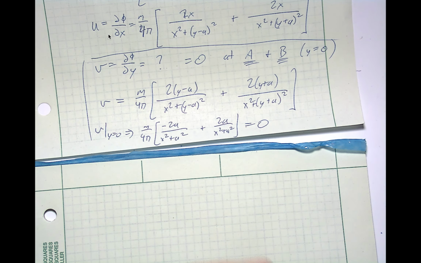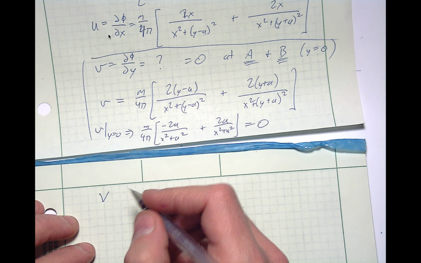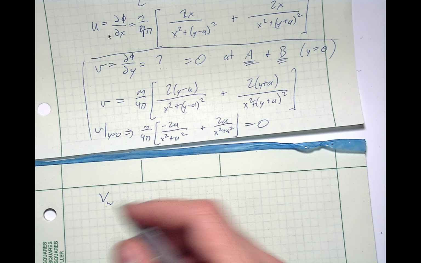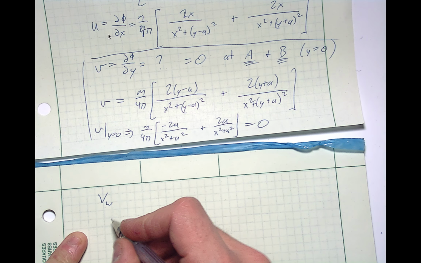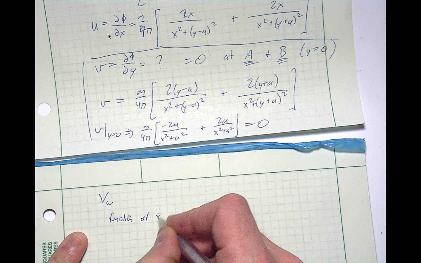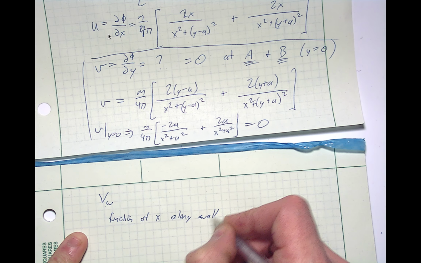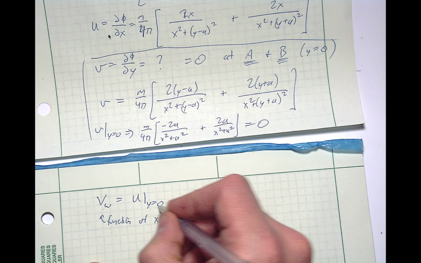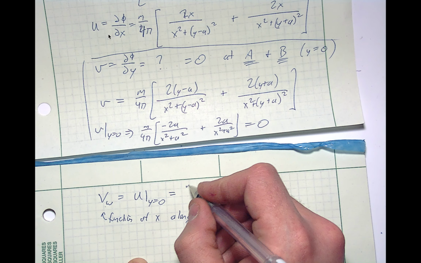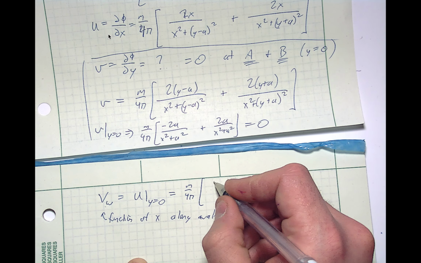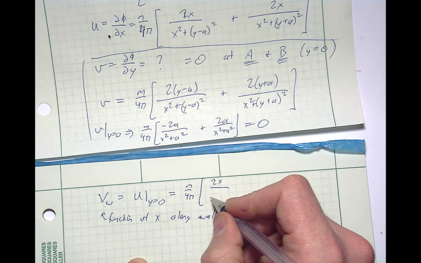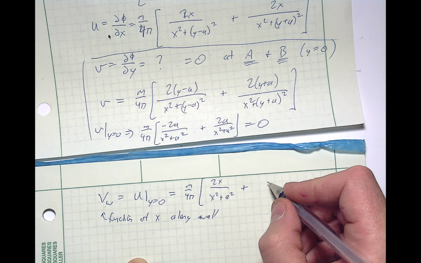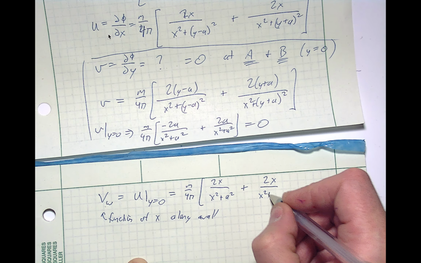All right, so therefore our total speed, v, at the wall, for A or B, but we'll leave it as a function of x along the wall, is just going to be our u as a function of x along the wall, but evaluated at y equals 0, which is just going to be m over 4 pi times 2x over x squared plus a squared plus 2x over x squared plus a squared.